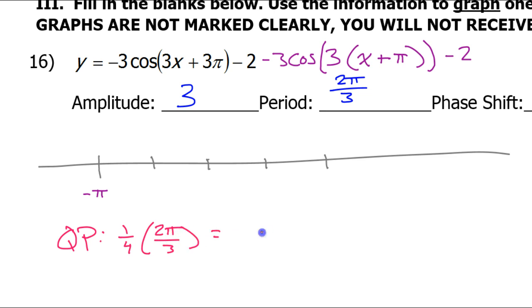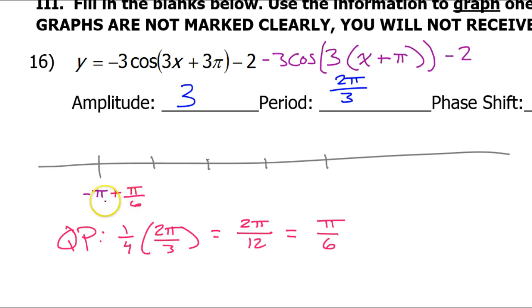So my quarter period is going to be 2 pi over 12, which means that my quarter period is pi over 6. If I want to add a quarter period, I need to take this phase shift and add pi over 6 to it.